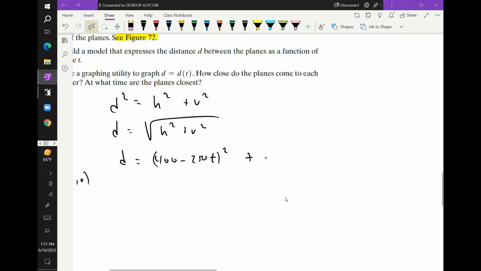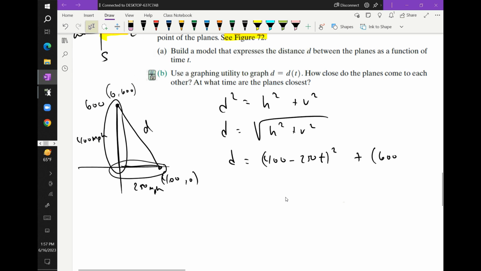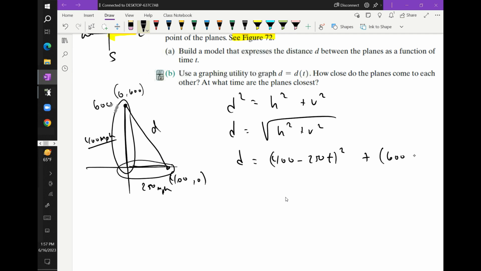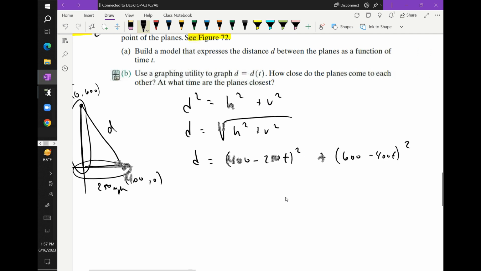And then plus my vertical component, that was 600 miles away, and we're decreasing this at 400 miles per hour, so 600 minus 400t, squared. Now we have the distance as a function of time. So here's a model that relates these two items.